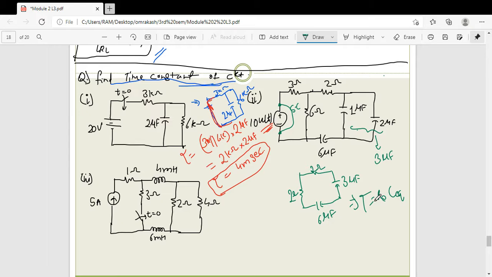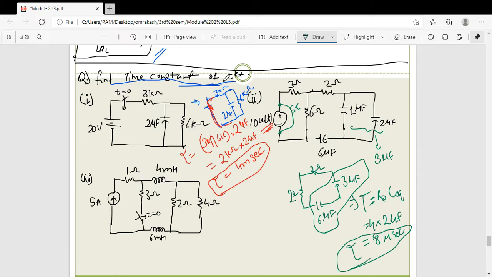So what is the R equivalent here? 2 ohm. And what is the C equivalent? Since these capacitors are connected in series, the combination is different for capacitors. When you solve this combination of capacitors, you will get 2 microfarad. Now when you solve this, you will get 4 microsecond, right? Because the time constant is in seconds.